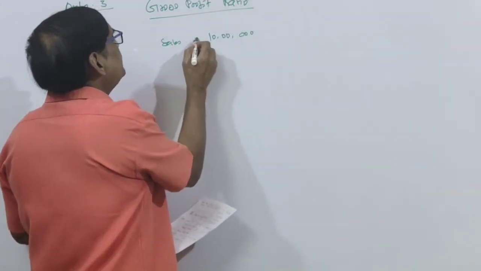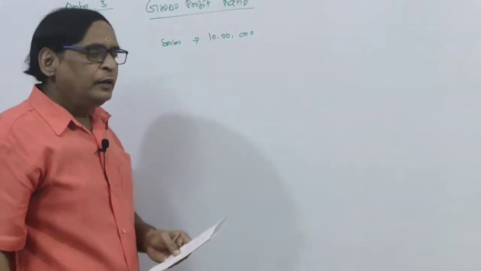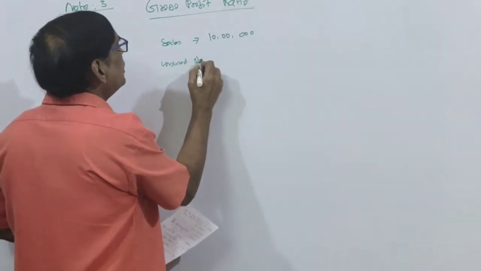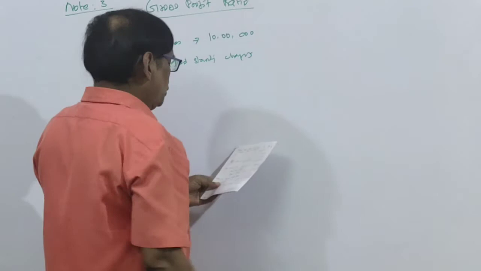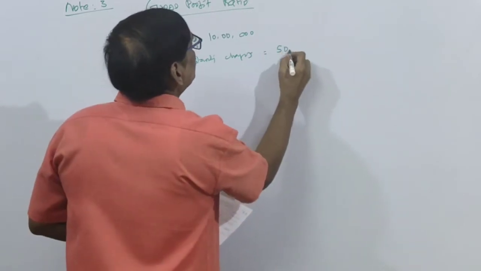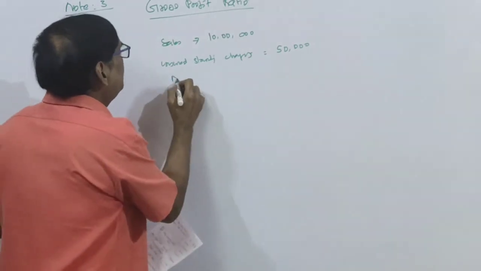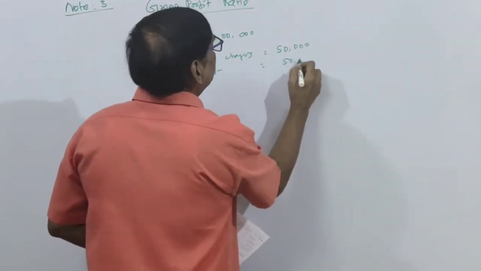And then in the question itself, insured standing charges are also given. So, insured standing charges, how much? Insured standing charges 50,000. As per the profit and loss account, what is the net profit? Net profit is also 50,000.